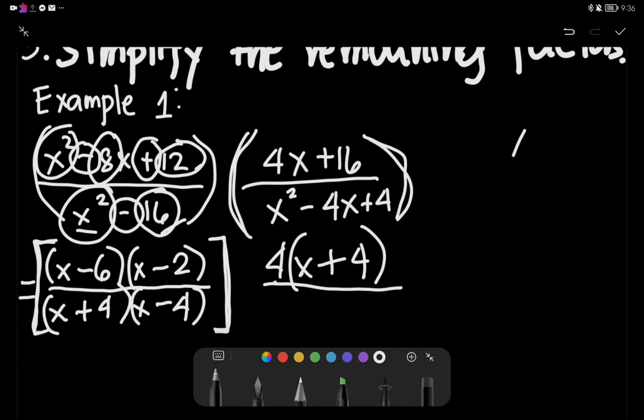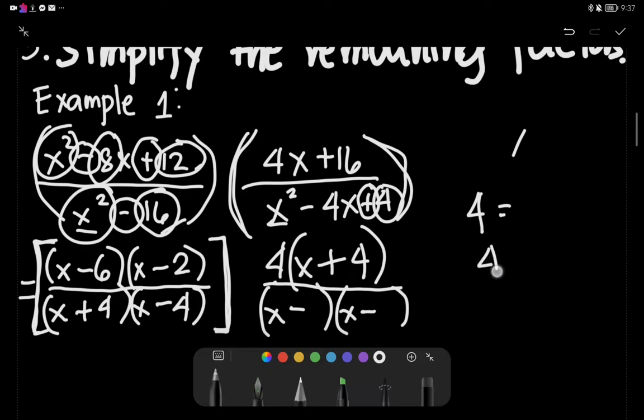Okay. Now let's proceed to the denominator. Let's factor the denominator. Factors of x squared are x times x. And the last term is positive. The middle term is negative. So, the factors are both negative. Now, the last term is 4. We are going to look for factors of 4 na kung atong i-add kay 4.